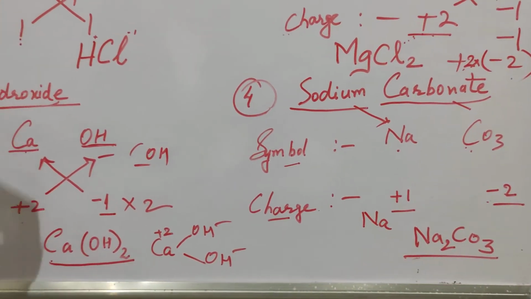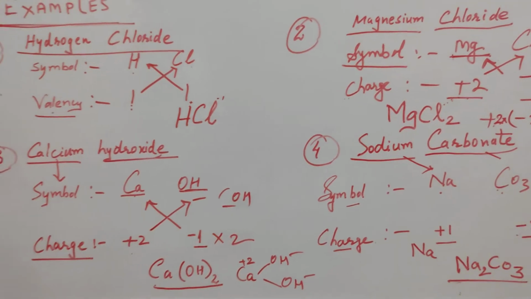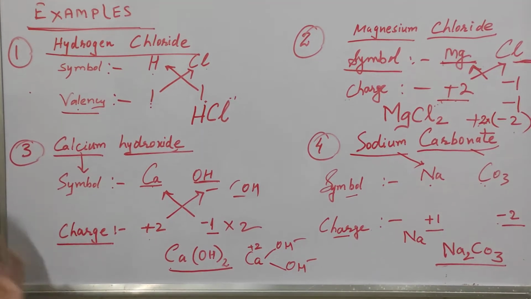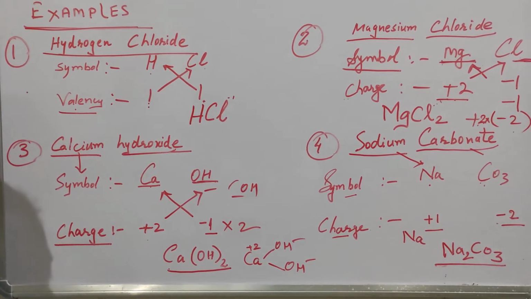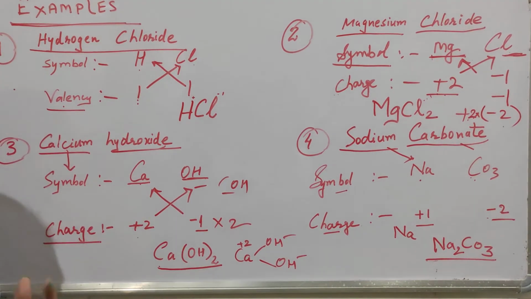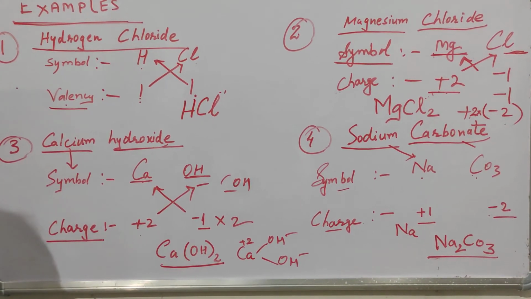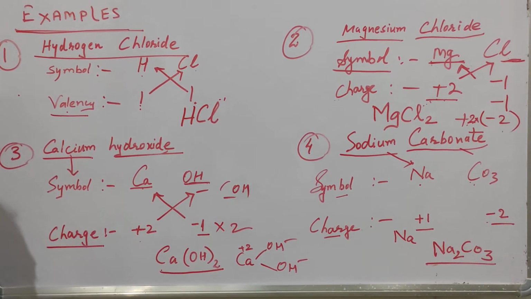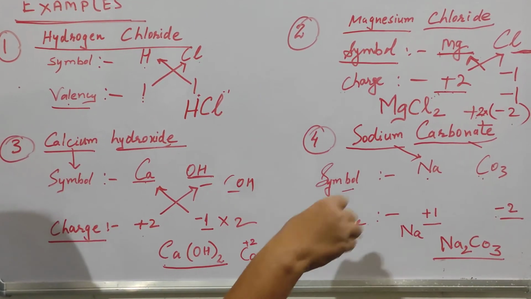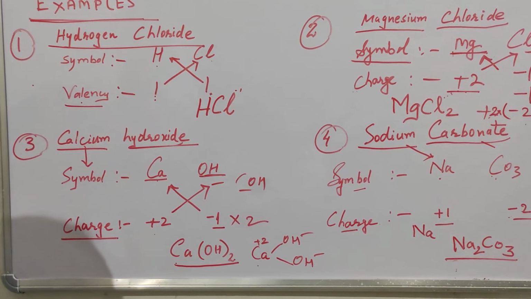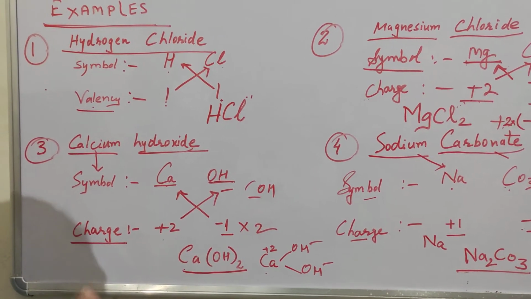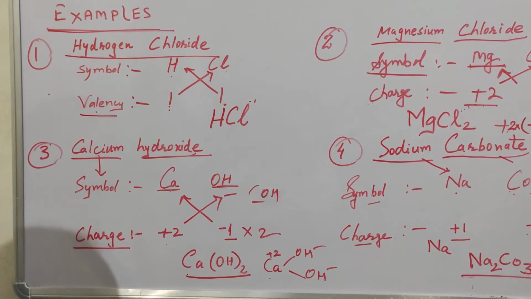Now, after going through all the examples, let's verify whether we have written the chemical formulas using the rules. First, what should we know? Valency and symbol. Second, what was the rule? The rule was that the charges must be balanced. And in all 4 examples, you will see that the plus charge is satisfied with the same number of negative charge.